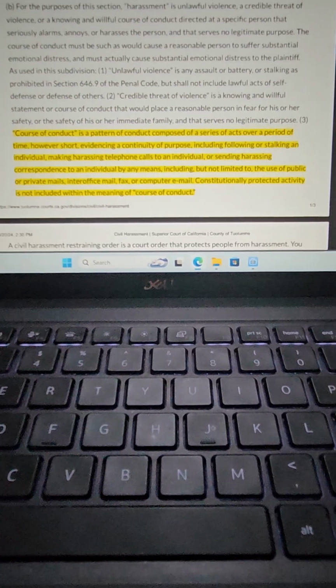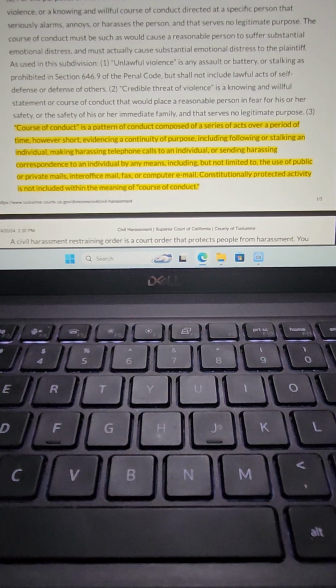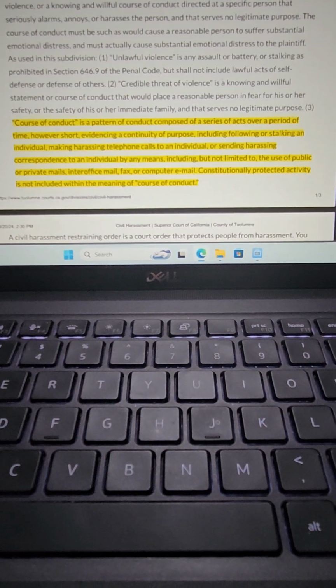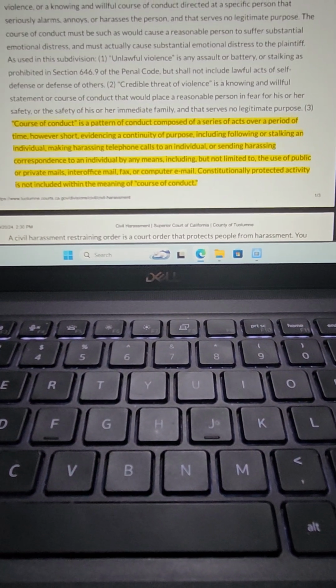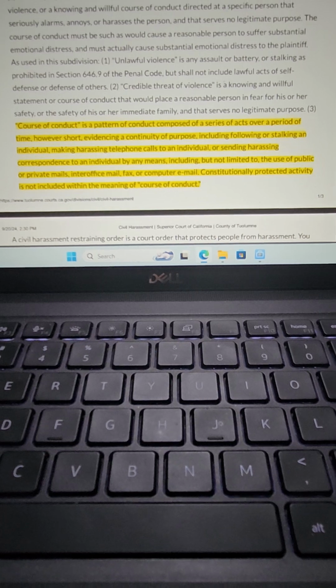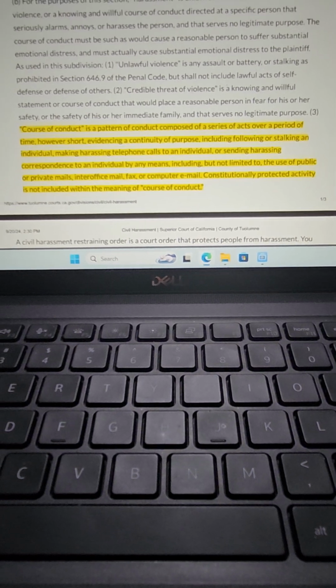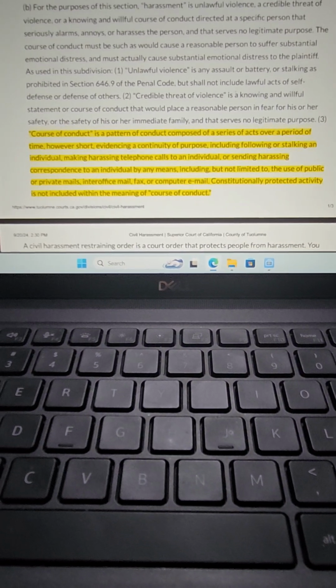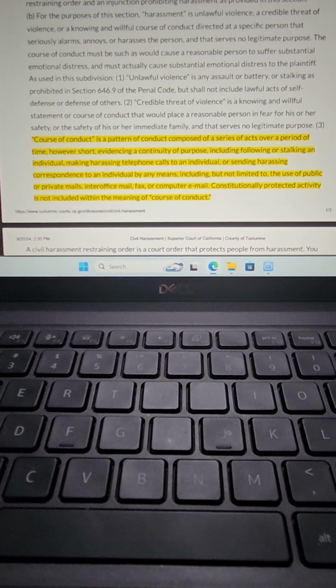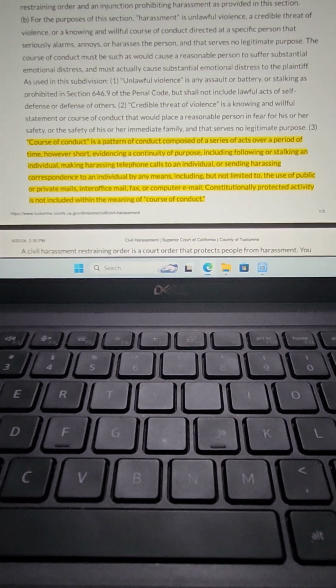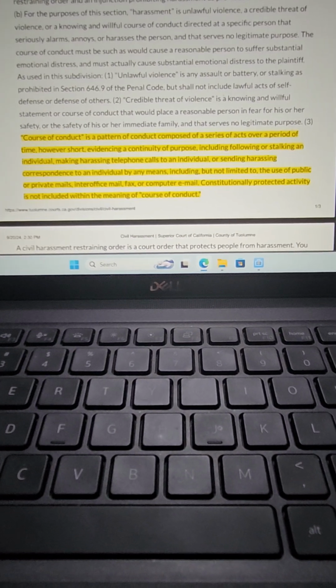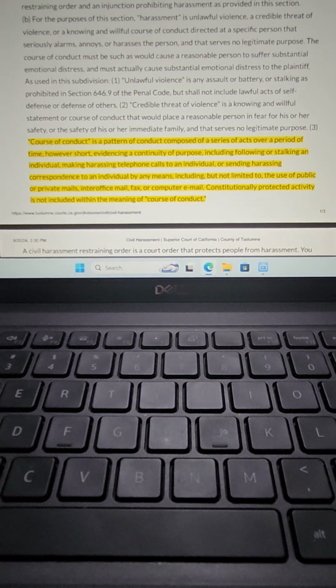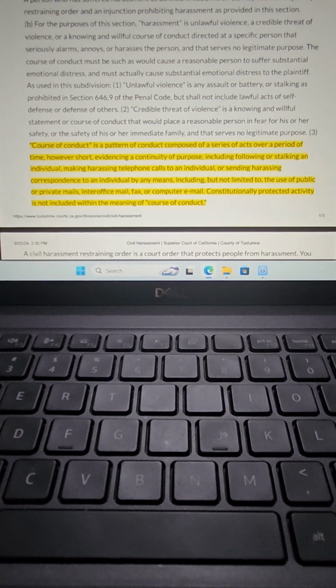Course of conduct is a pattern of conduct comprised of a series of acts over a period of time, however short, evidencing continuity of purpose, including following or stalking an individual, making harassing telephone calls to an individual, or sending harassing correspondence to an individual by any means, including but not limited to the use of public or private mail, interoffice mail, fax, or computer email.